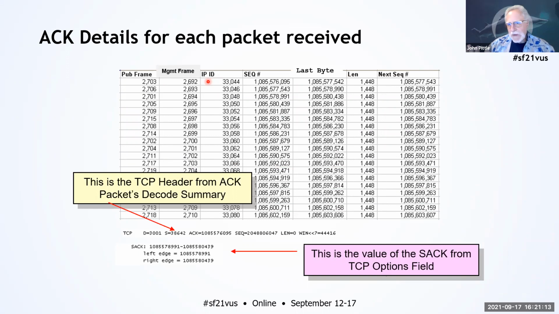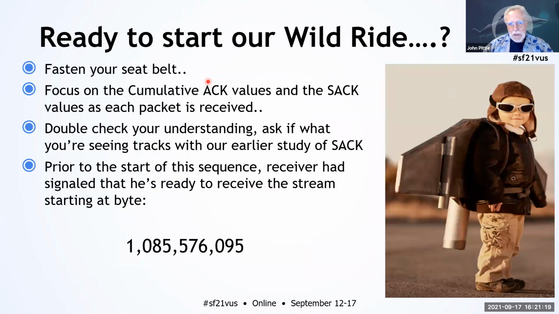So we've got some arrival context, some state information, and some decodes to help tell the story. If you're ready to start our wild ride, fasten your seatbelt, focus on the cumulative ACK and the SACK values, and double check your understanding. Ask if what you're seeing tracks with our earlier study of ACK and SACK.